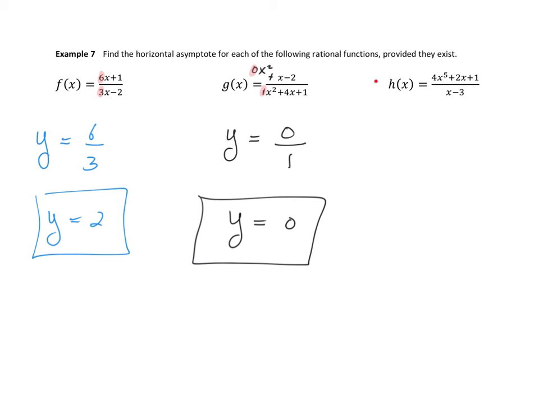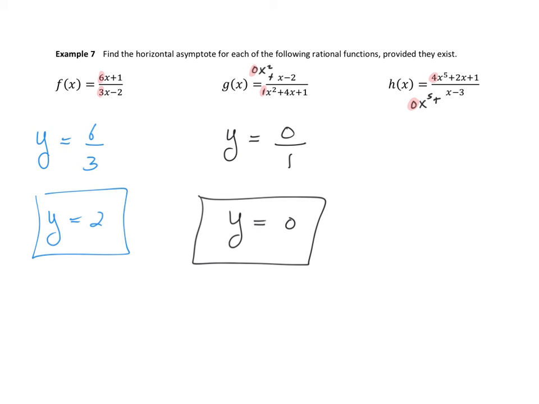We encounter the same problem here for h of x. The highest powered exponent in the numerator is x to the 5th, but there are none in the denominator. It's just x minus 3. But you can place one into the denominator by putting 0 x to the 5th plus x minus 3. Now if you look at the ratio, it's 4 over 0.